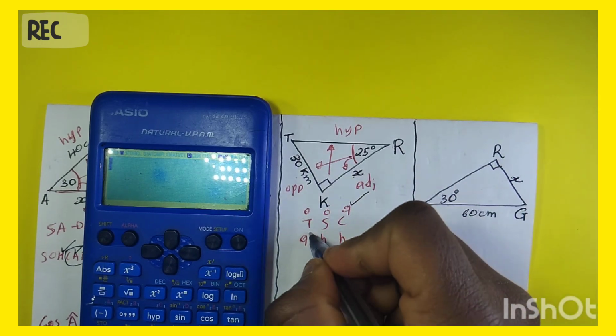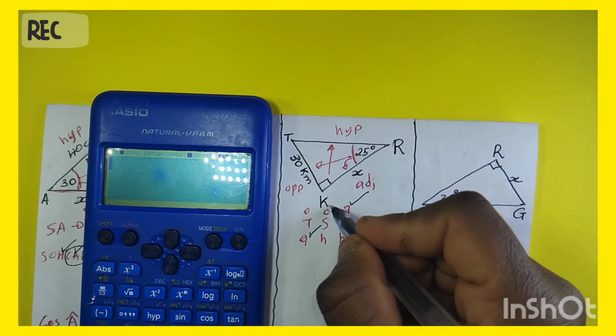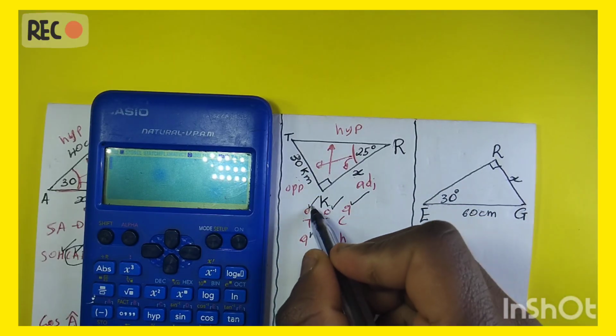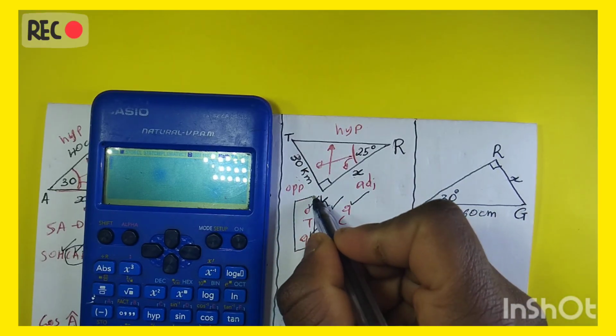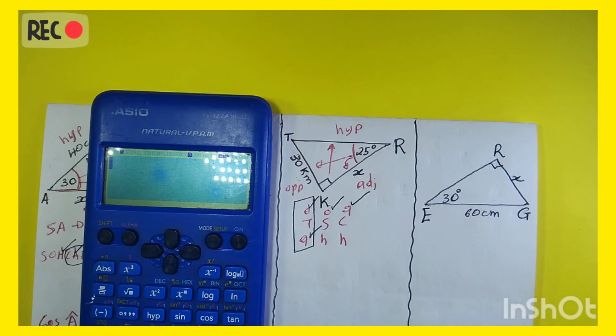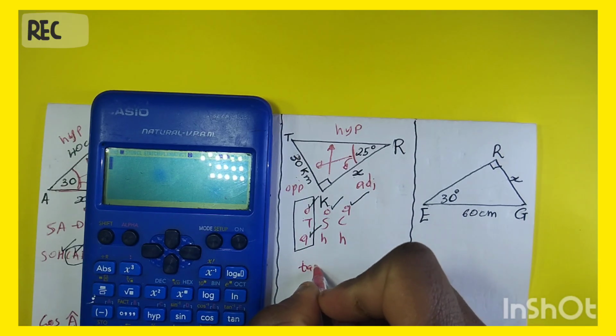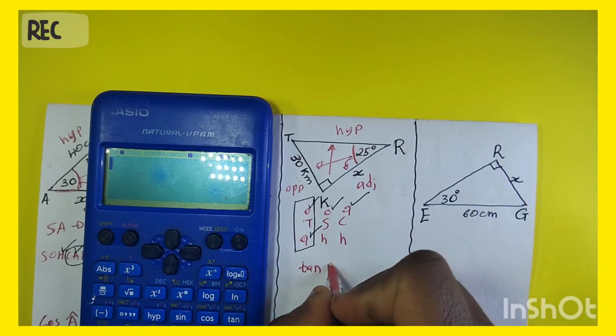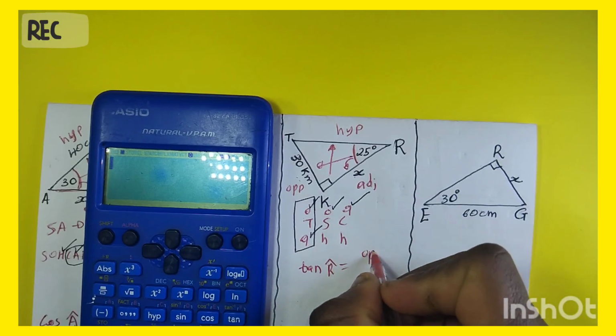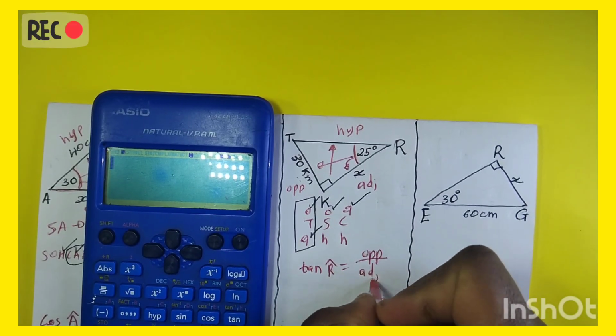I need this, but I have this. Where you tick twice, you take it. So it means I will be using tan. I was focusing on angle R, which is opposite over adjacent.